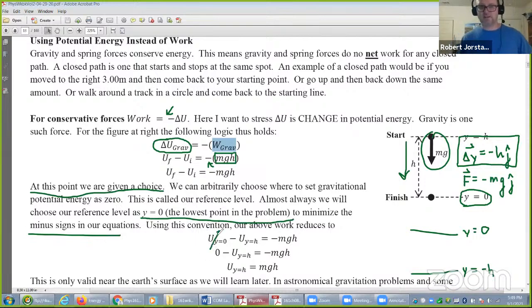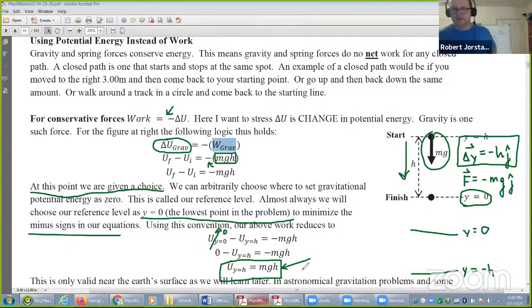So by setting this equal to 0, I could see here this result. This allows us to say the potential energy associated with gravity is given by mgh, where h is the height above a reference level.